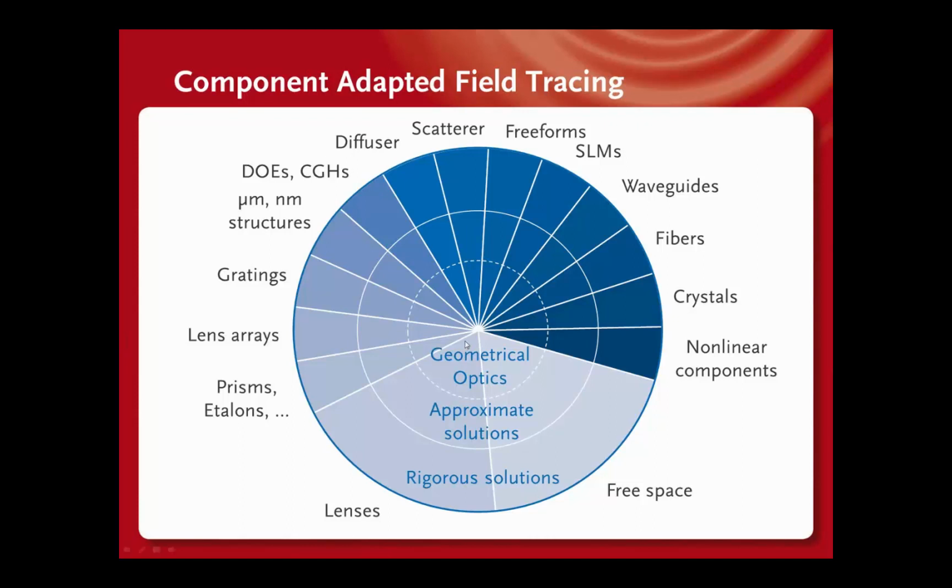From geometrical optics, we have for several components also rigorous solutions, but not for every component is a rigorous solution available, because sometimes it is just too time and memory consuming and probably also not required. So for every type of component, different models are available depending on the physical accuracy and also depending on the amount of calculation time and RAM memory that we are able to use.